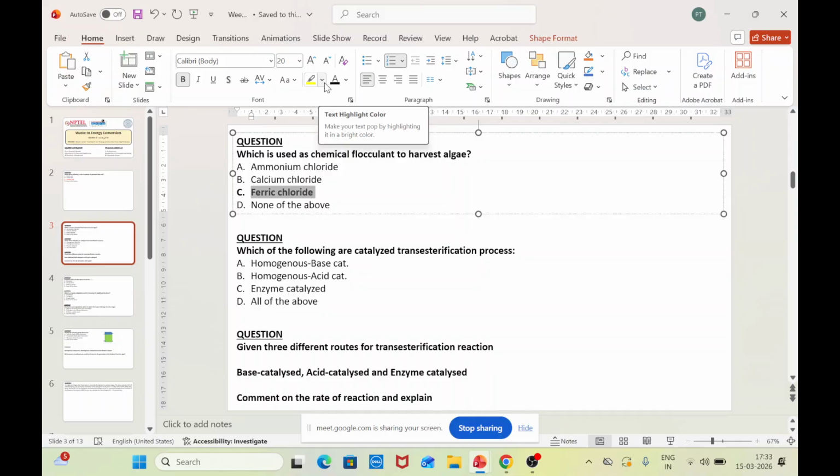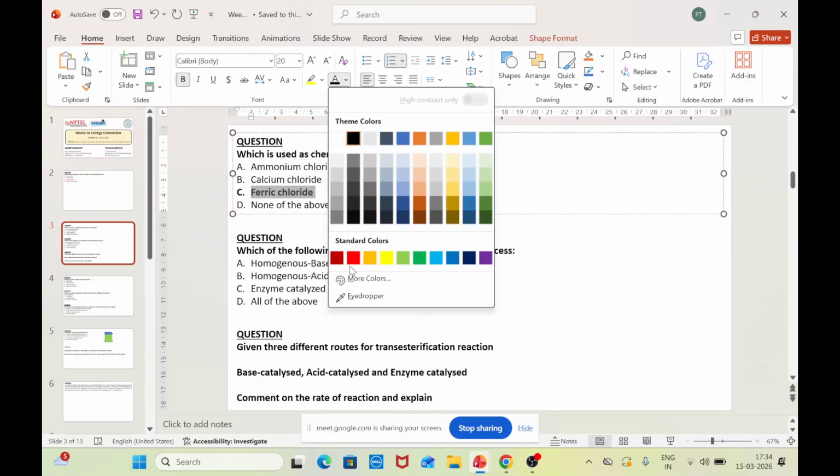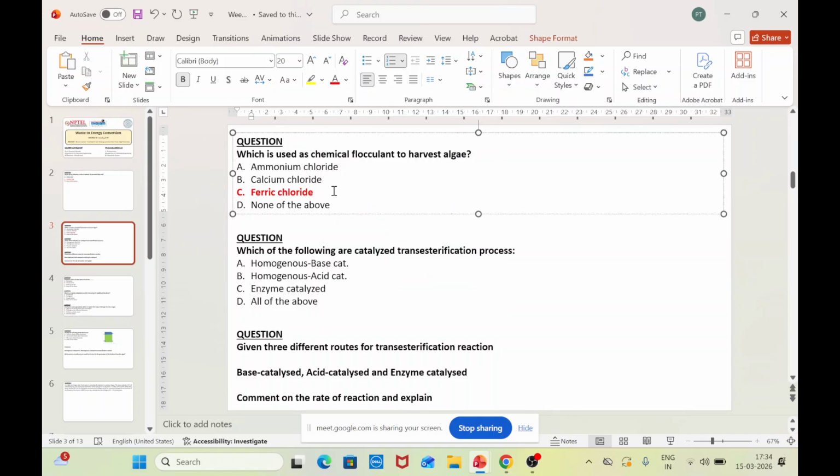Then you can easily collect those sediments or flakes at the bottom of the water, and by this you can harvest more algae, and at the same time the water that you are supposed to treat becomes cleaner. So using a chemical process for harvesting the algae is much more beneficial. One is ferric chloride, and the other is alum. So these are the two chemical flocculants that I use.